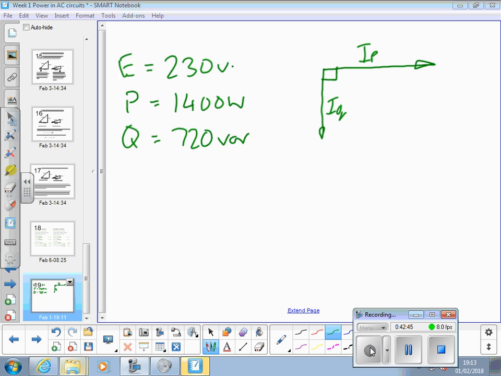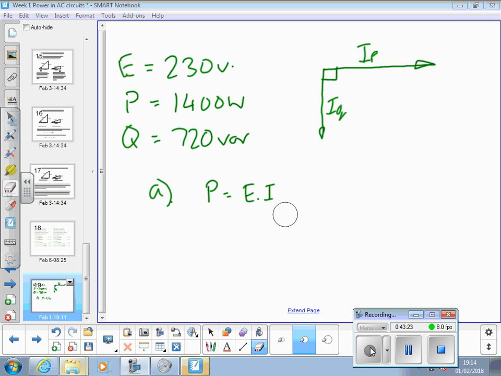How can we calculate those two currents? A. Because P is equal to, wait a minute, P is equal to E times IR.